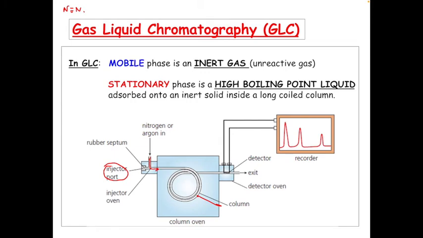If it's a small molecule or one that's not got any hydrogen bonding, then they're going to go quite quickly because they're not getting stuck to the inside of this column. However, the ones with hydrogen bonding or much larger molecules are going to go a lot slower through that column. So what that means on your recorder is this is going to be the quick ones, and this one is going to be your large, slow molecules.